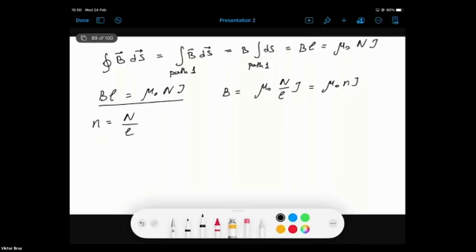So actually it gives us the density of these turns, the number of these turns per unit length. And this is the final equation, which gives us the magnetic field vector amplitude in the interior region of the solenoid.